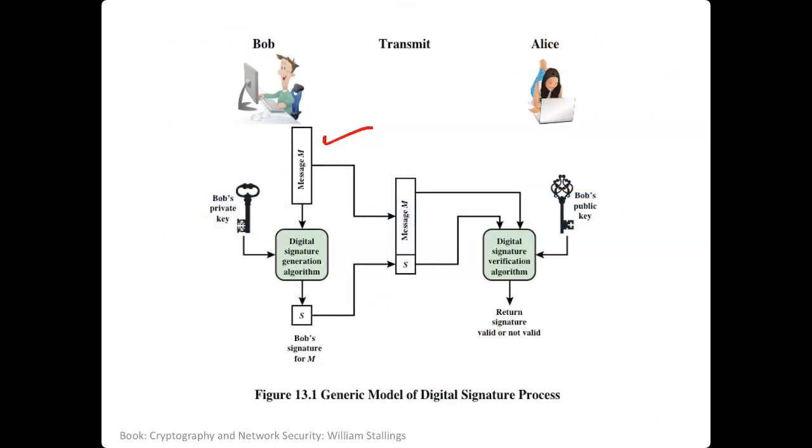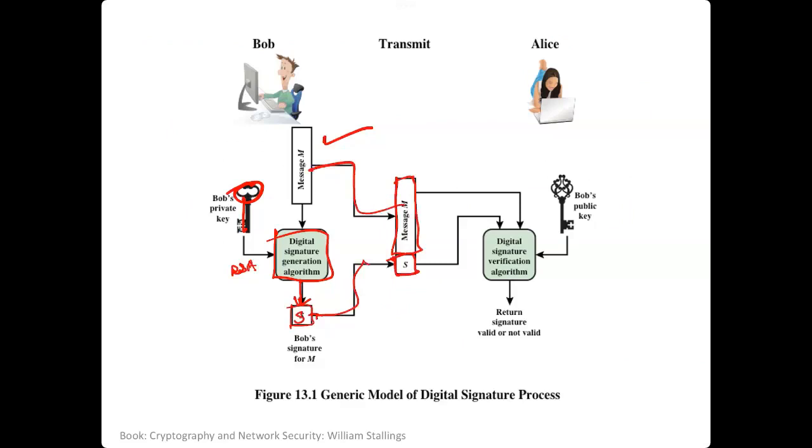He uses his own private key and the algorithm, say RSA or whatever, and creates signature S. Now along with this original message, he appends this signature S and both go to Alice. Now what will Alice do?